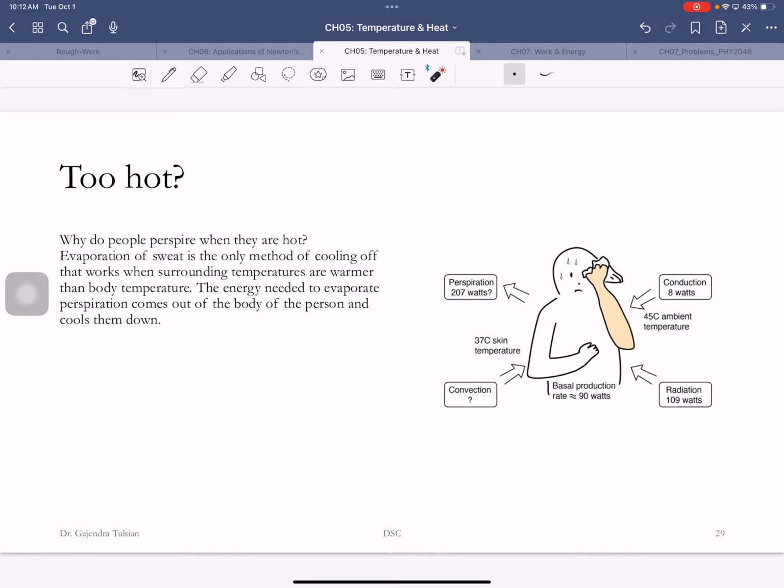That would be very hard to survive. So when the outside temperature is higher than your body temperature, evaporation of sweat is the only mechanism of losing heat. Evaporation of sweat is the only method of cooling off that works when surrounding temperatures are warmer than body temperatures.